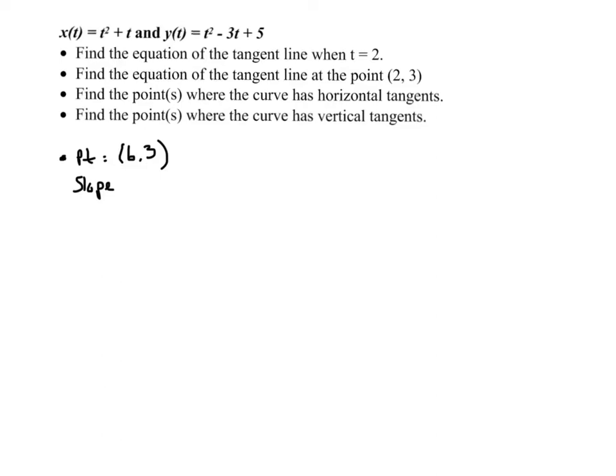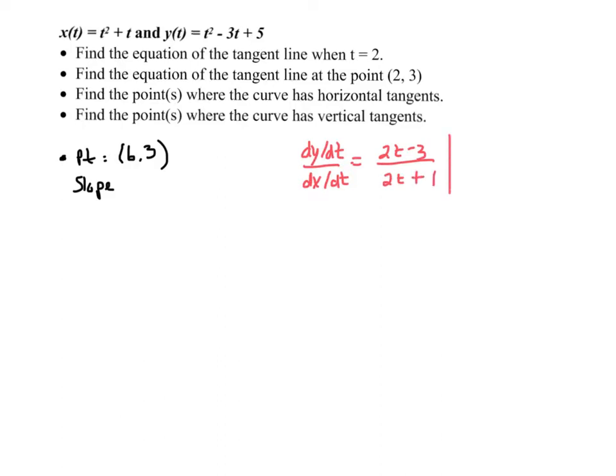Now the slope, I'm going to need the derivative. So let me just remind you, we're going to do dy/dt divided by dx/dt, and that will give us dy/dx. So the derivative of y with respect to t would be 2t minus 3. The derivative of x with respect to t would be 2t plus 1.